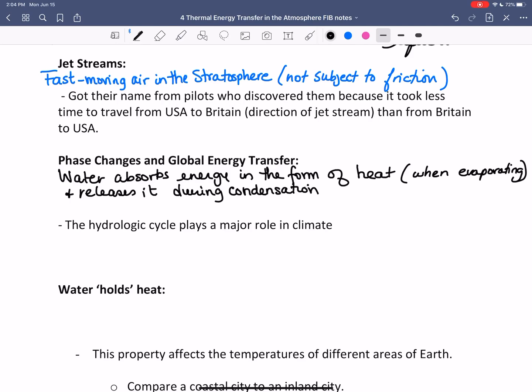When evaporating, and it releases it during condensation, causing air to warm and rise and form clouds, which can then lead to thunderstorms, which we've seen lately.